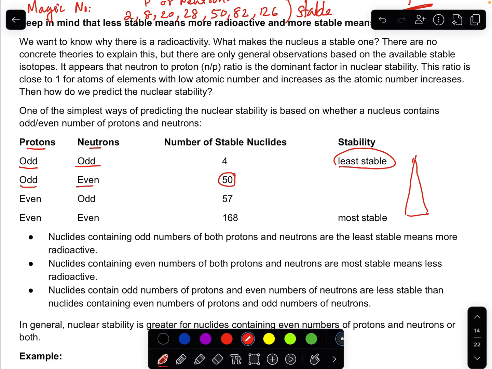There are 15 such stable atoms. If it is the opposite, even and odd, they have the same stability, but a little bit more than the first one. But if both are even, those come under our magic numbers, right? So almost 168 isotopes, not elements, have that unique number which causes stability.